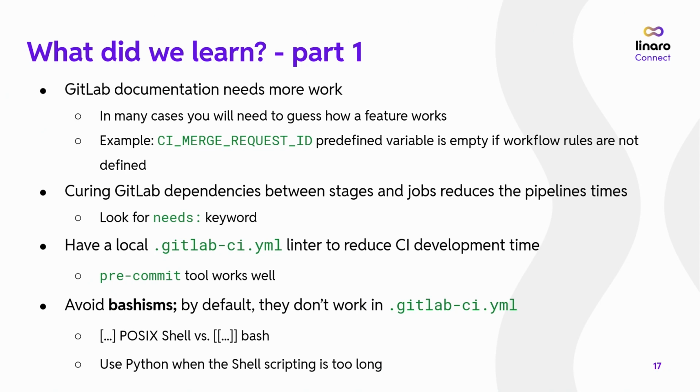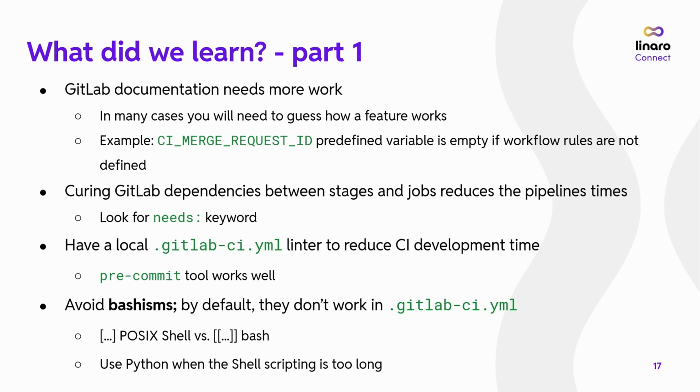Then we share some learnings from this experience, like how to find out the documentation, and that GitLab needs some more work. How important it is to use the needs keyword to improve the testing and the pipeline times.